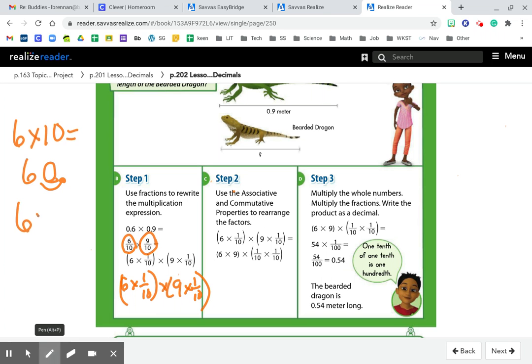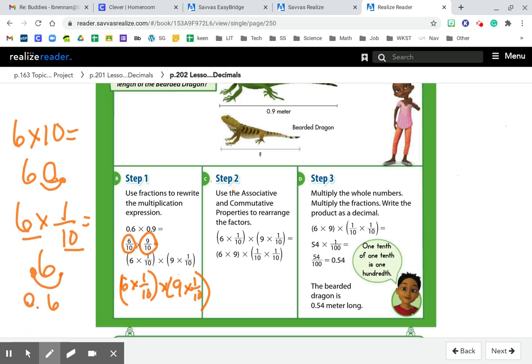But if you're multiplying by 1/10, because 1/10 is smaller than a whole, you're moving your decimal one place in the opposite direction. So in this case, our decimal's always invisibly after a whole number. When we multiply 6 times 1/10, we move the decimal in this direction because we're finding a tenth of the whole number. 6 is 6/10.